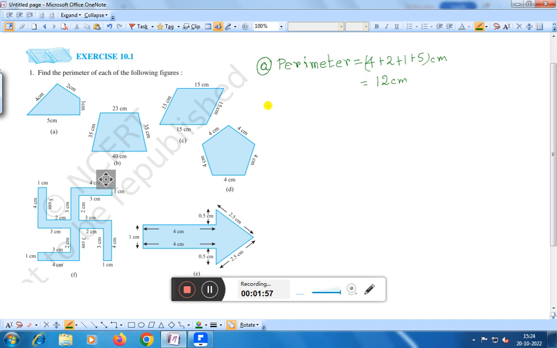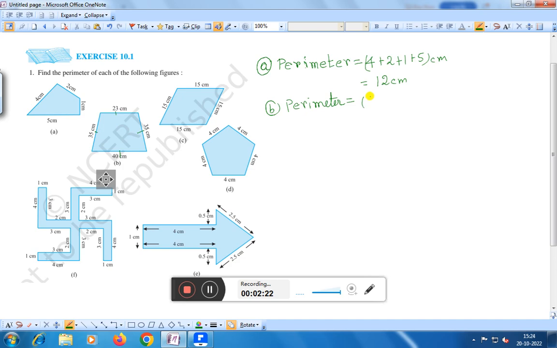Now figure B. In figure B, the perimeter will be the sum of all the sides, right? If we add all the sides, in figure B we have to add this side plus this side plus this side plus this side, right?